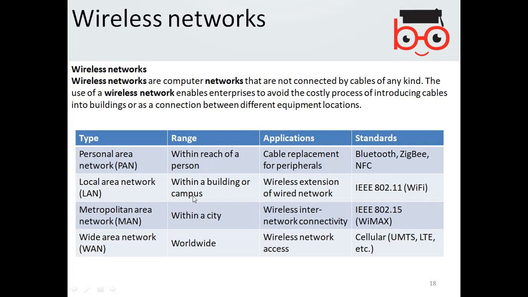So when you say LAN, let's say you have a router in your home, it means it is a kind of wireless network within a LAN, so within a building. So wireless extensions of the wired network, for example, the wired network you have, is the extension or the additional provision of your network.